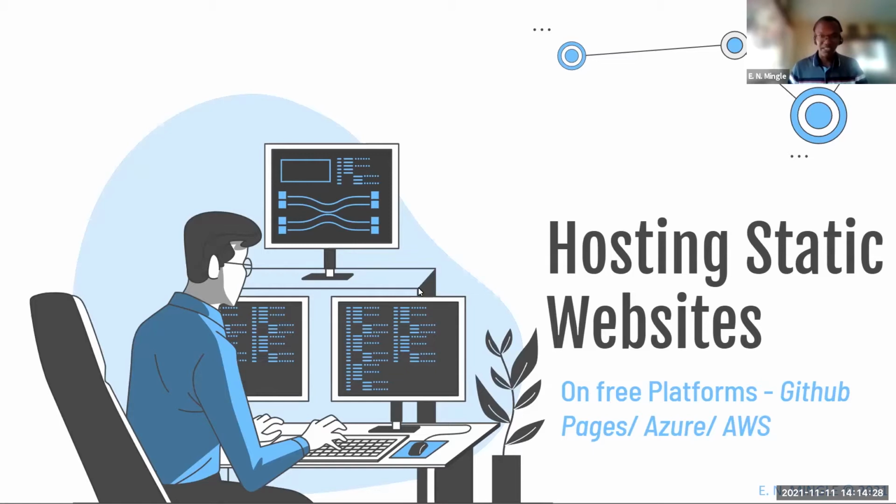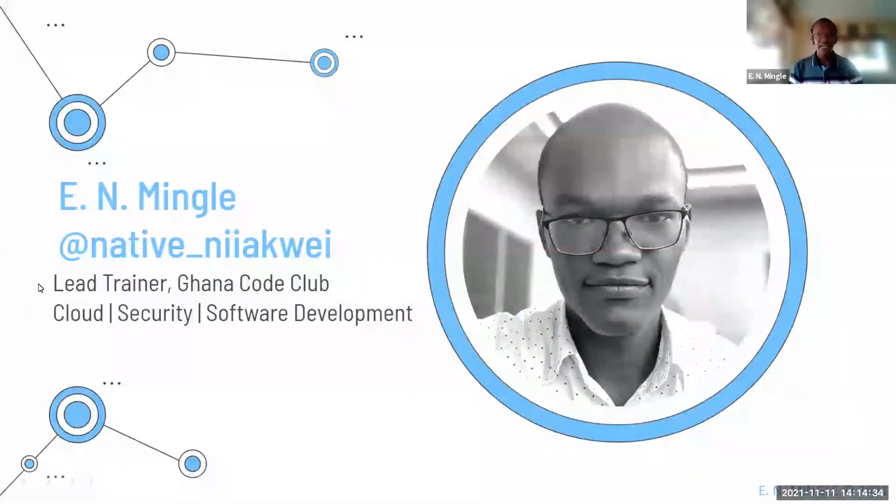Now, a bit about myself. My name is Emmanuel Mingle, and I'm a lead trainer with Ghana Code Club. Ghana Code Club is looking at training young people in computing skills and all things technology, so website development, robotics, that whole sort of approach. We train the kids in that aspect.